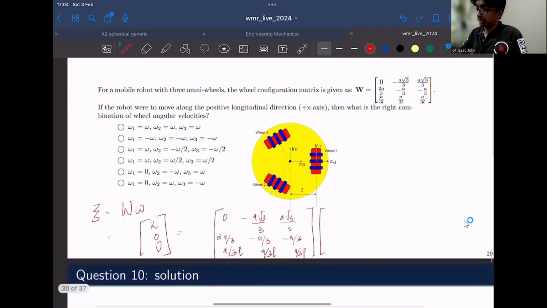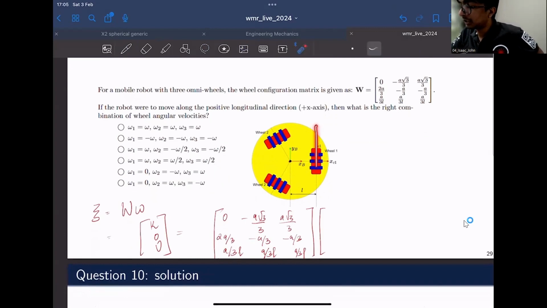Then what should be omega? Intuitively, if you want to go forward and you try to have any angular velocity on this wheel, it may have a tendency to rotate and also to go along the y-axis. And if you rotate these two wheels, what is going to happen?